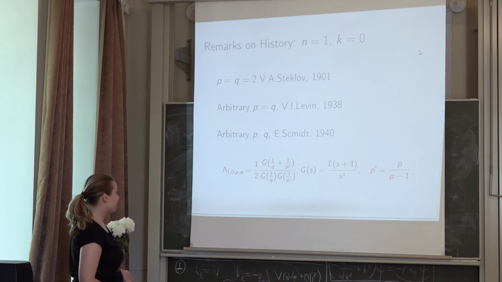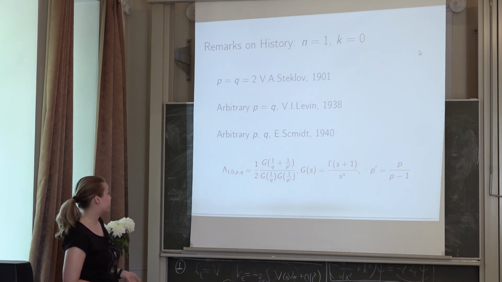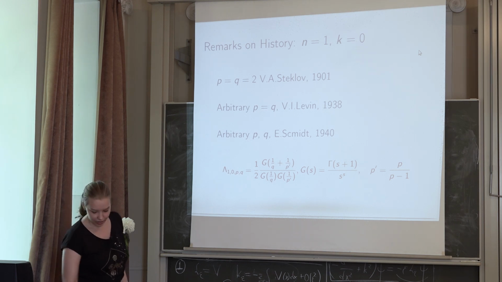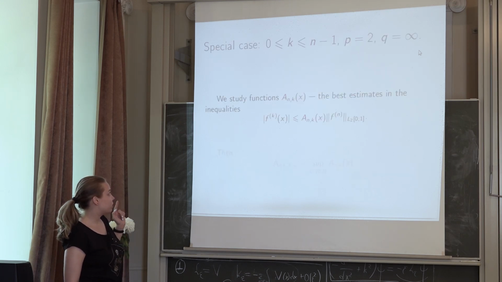There are a lot of works between the first results and now, so I don't have a lot of time, and I mention only works about our special case. We consider the case of p equal to 2 and q equal to infinity and arbitrary n and k.